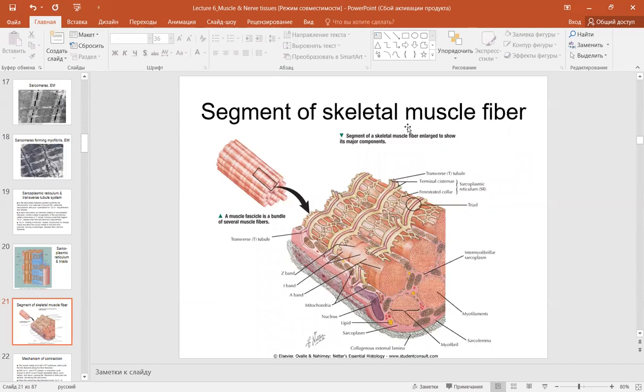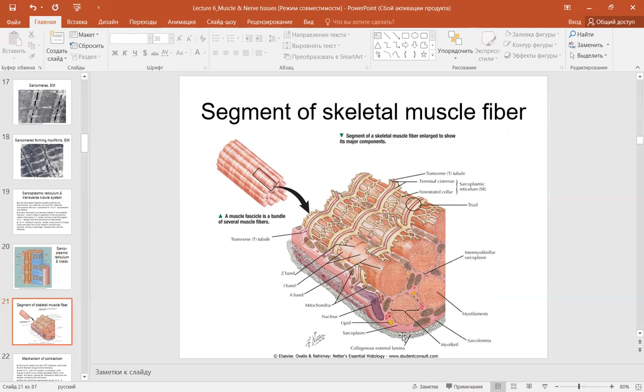Here is another segment of skeletal muscle fiber showing you triads, sarcomeres, myofibrils in smaller magnification, mitochondria, myofilaments, cross-section, myofilaments, nucleus of the master fiber at the peripheral location of the sarcoplasm, cross-section master fiber.